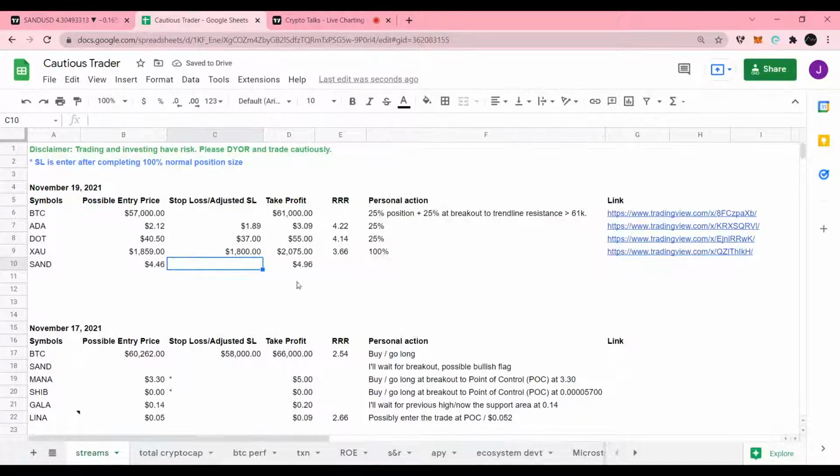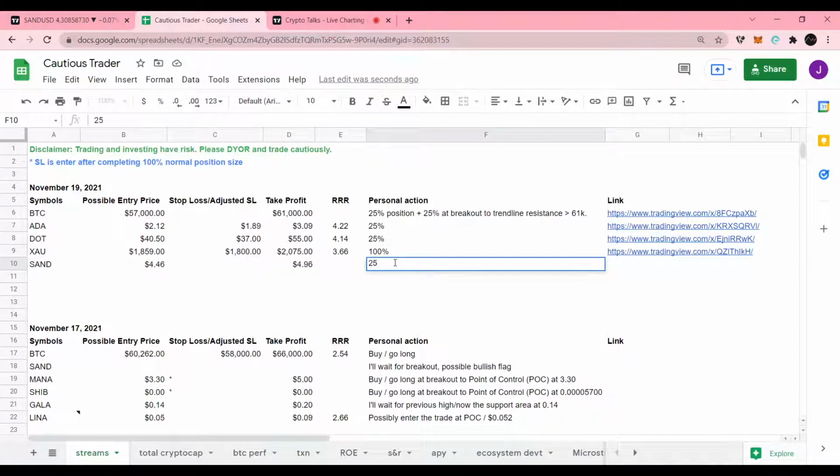I'm normally doing it in tranches, so I'll just leave it blank for now. And then 25%. Normally, if BTC, ETH, and LTC, mostly I'm using 50. And then for other assets, normally I'm using 25% on my first transactions.